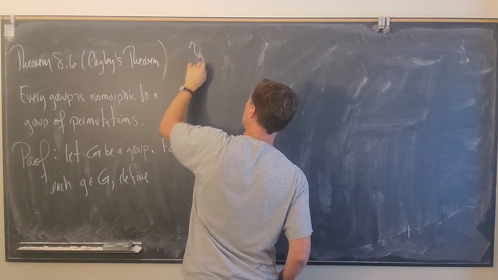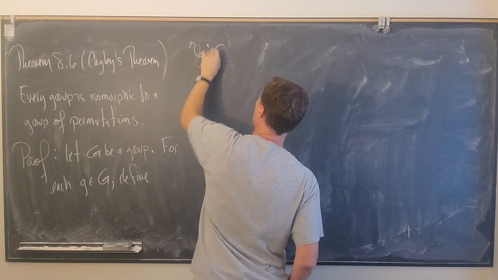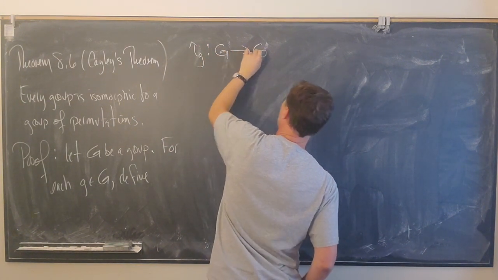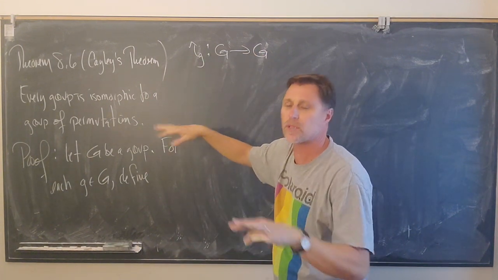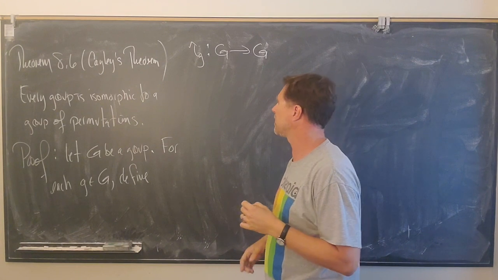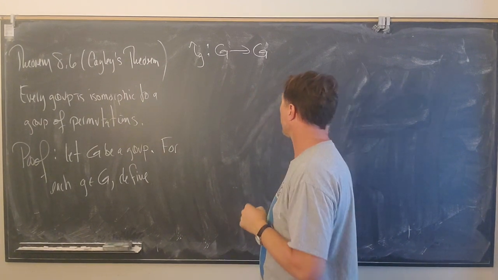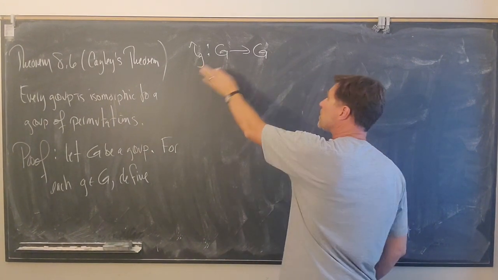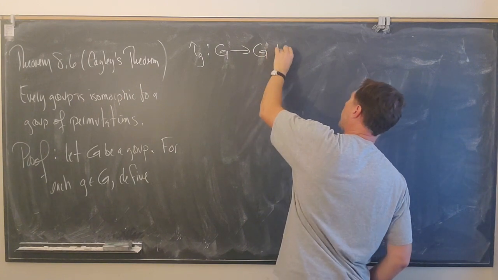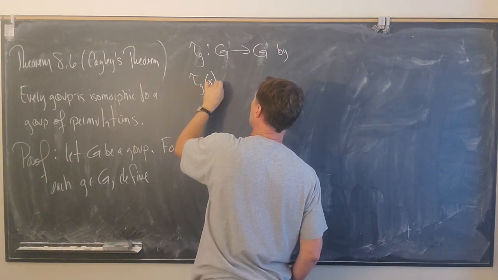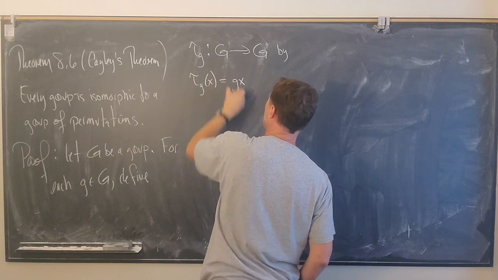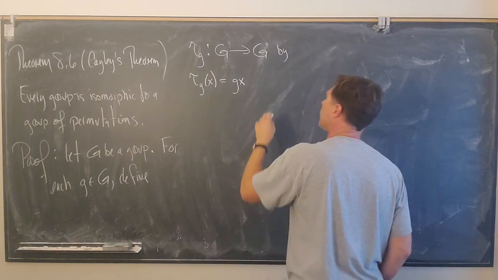So tau sub g is a function from G to G. This is not necessarily a homomorphism or an isomorphism, it's just a function. In fact, we'll see that it's definitely not a homomorphism. We're going to define tau sub g of little x to be equal to g times x.